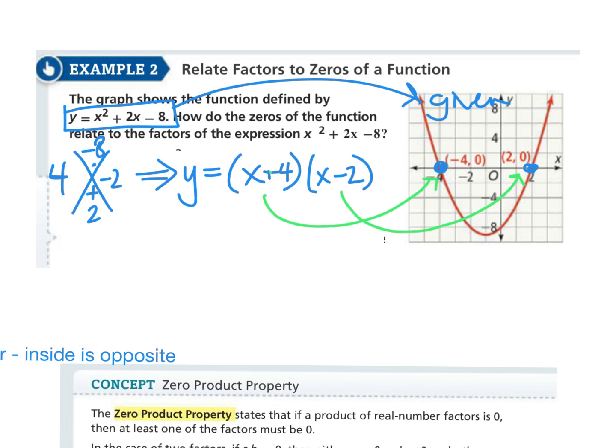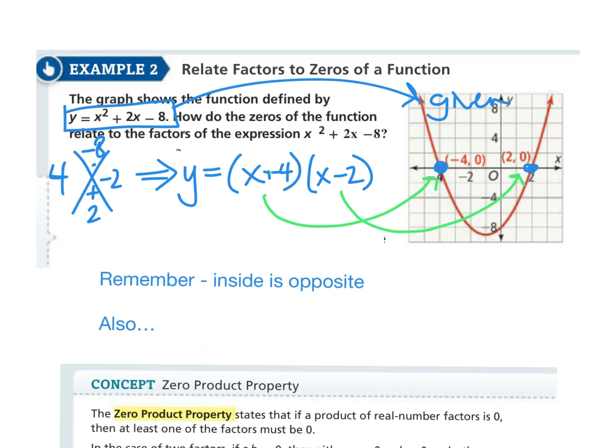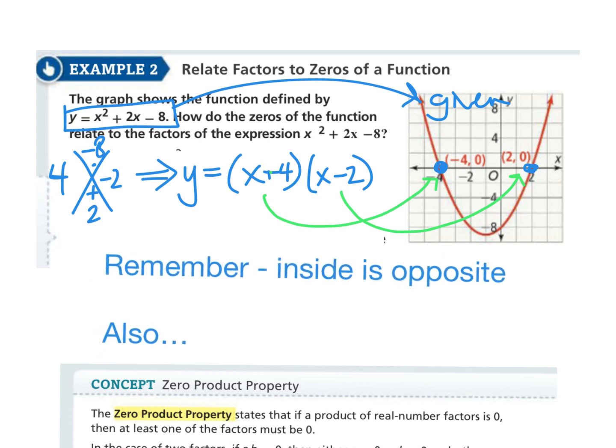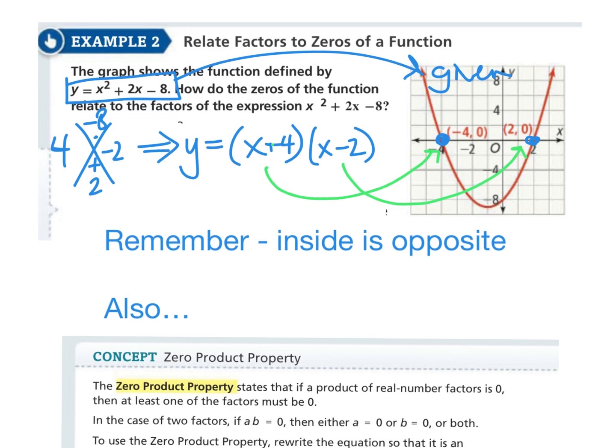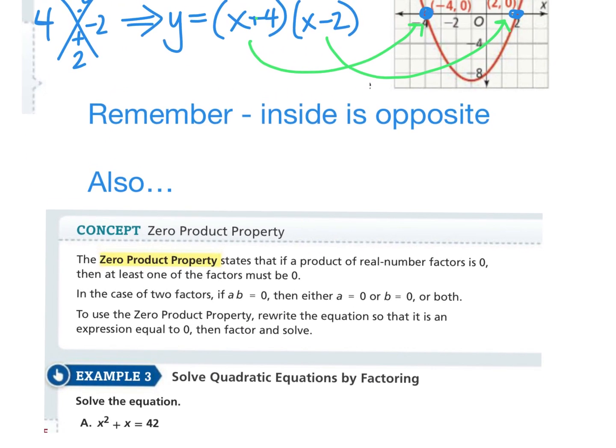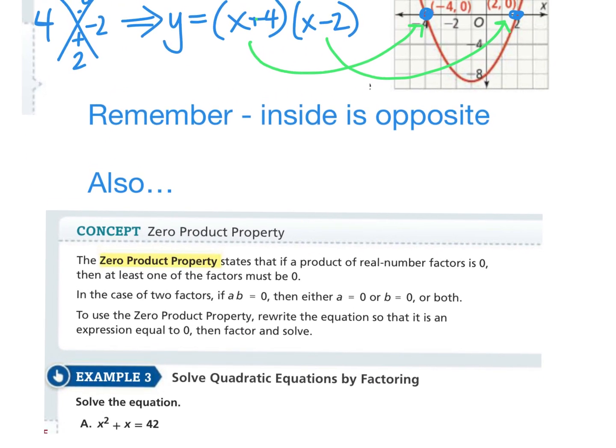So one quick little cheat that you can remember is that inside is opposite. Those were inside parentheses, so their solutions are going to be opposite. But let me show you a better explanation of where that's coming from. It's coming from something called the zero product property. You should write this down: the zero product property states that if two numbers, or any collection of numbers really, multiply to give you 0, then either one of them has to be 0 or both of them.